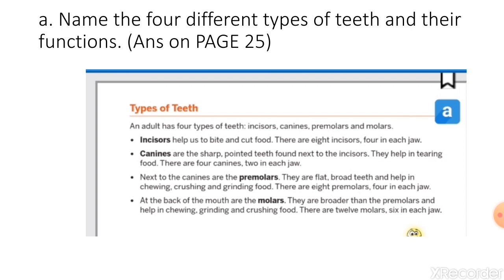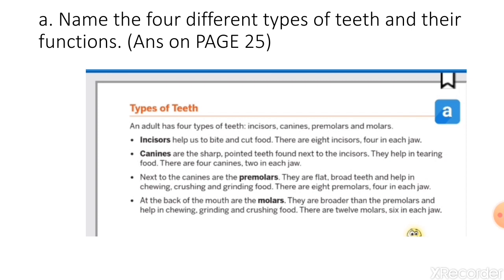The canine is very sharp, so it helps to tear the food. After the canine, the next type of teeth is premolar. Premolars are broad and they help to crush the food and they help to grind and chew the food. Similarly, the molar also helps to crush, grind and chew the food.